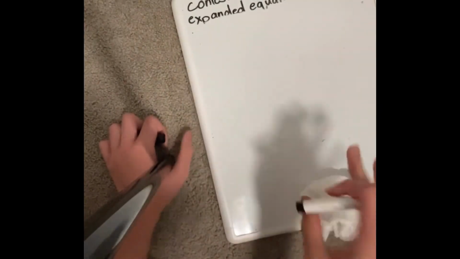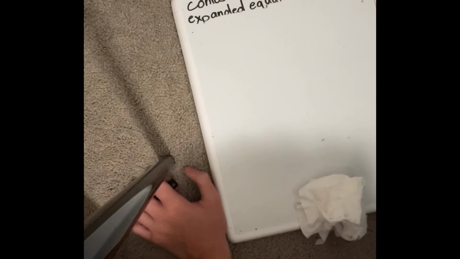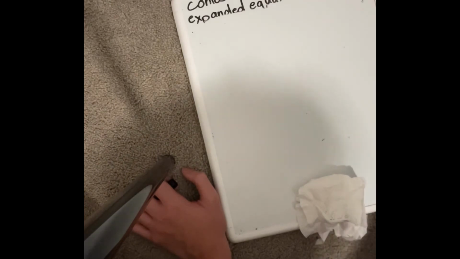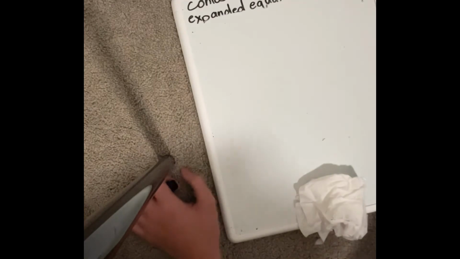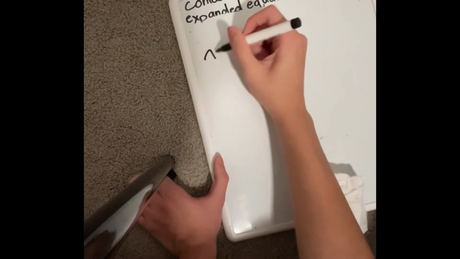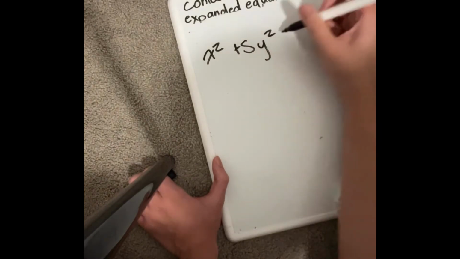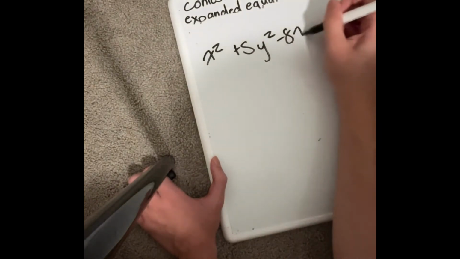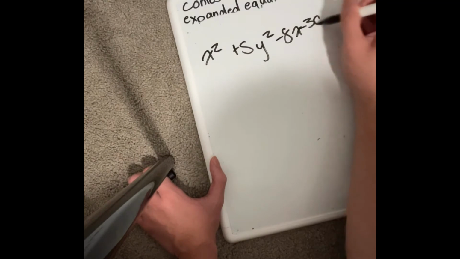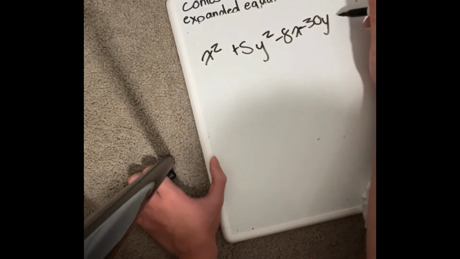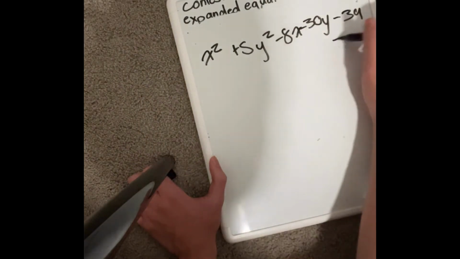Okay, moving on to our lesson, we will finally get into how we convert the equation of an ellipse from general form to standard. Here we have our equation, which I'm going to write down: x squared plus 5y squared minus 8x plus 30y minus 39 equals 0.